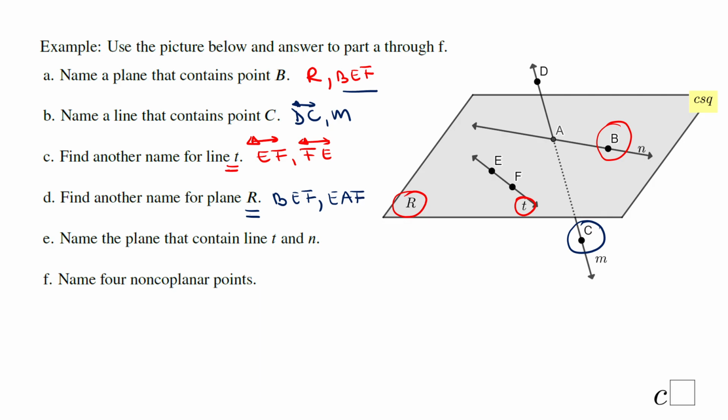The order does not matter, that's also important to remember. Part E, name the plane that contains line T and N. T is right here and N is right here. What will be the plane? Plane R, or any of these choices, right? Let me write one more time in a different way: FAE.